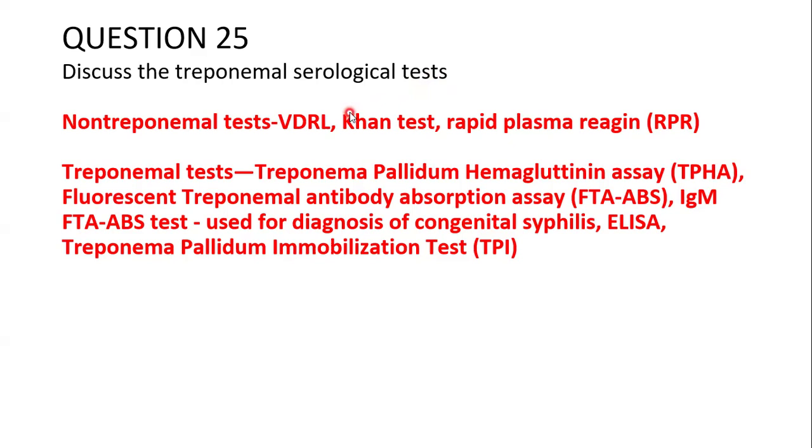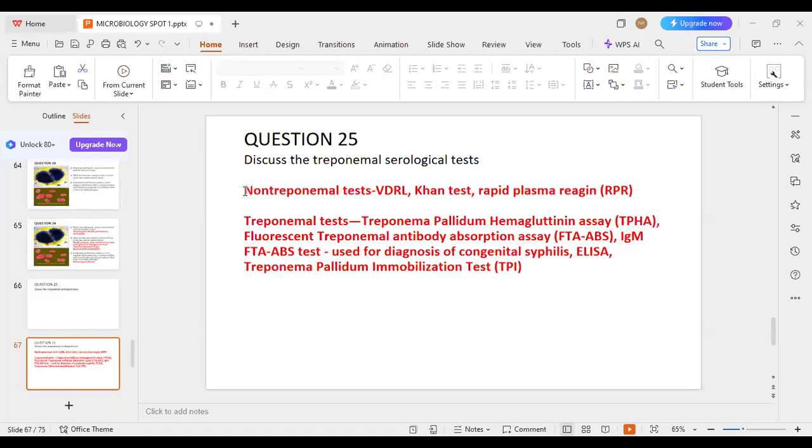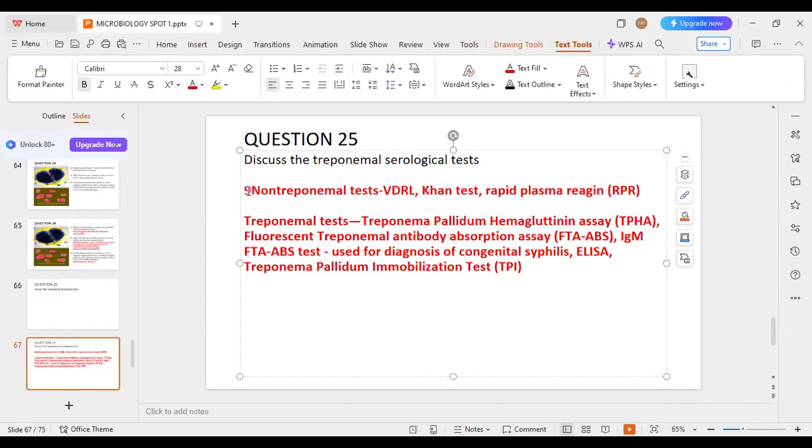Yeah, ideally, if they say discuss, that's what you're supposed to be doing, because here I've just listed. In fact, let me even edit that. So this should be in brackets. This is not an answer. These are non-treponemal, then these are treponemal.